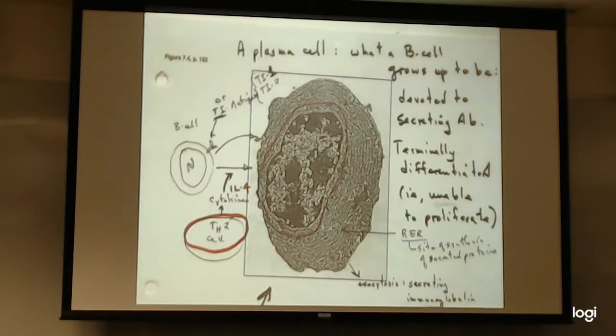So you need to have endoplasmic reticulum to synthesize secreted proteins. And this cell is doing industrial scale production of antibodies to the outside world. RER, site of synthesis of secreted proteins.